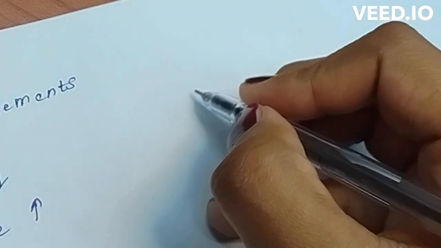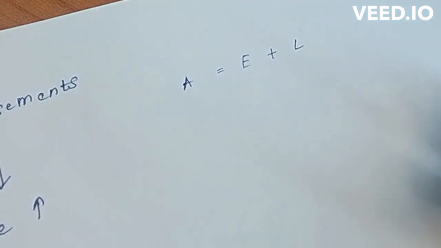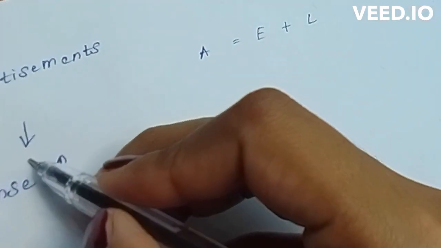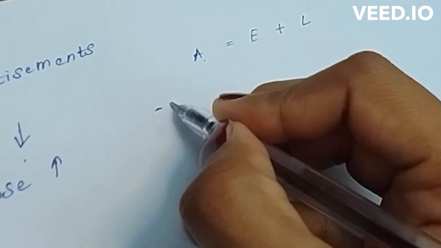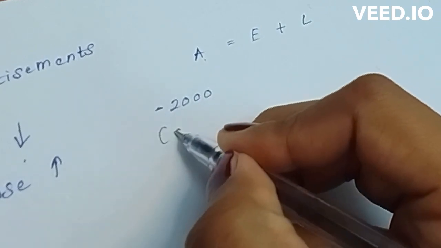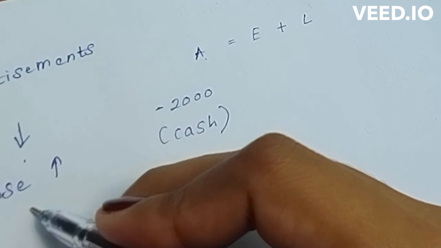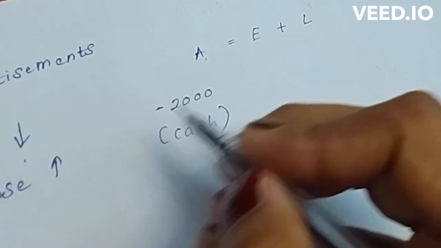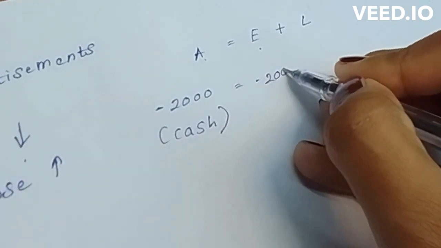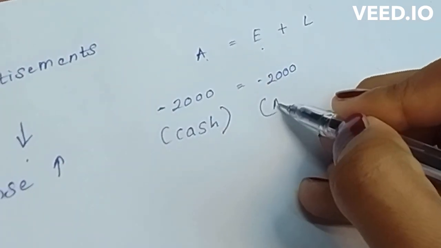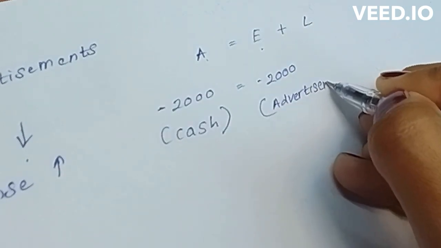So now let's see how we can record this into the assets equals equity plus liability equation. Cash is a form of asset. We are reducing the cash amount here, that is 2000 within brackets, cash. Since we are incurring an expense, from where do we need to deduct it? We need to deduct it from equity. 2000, advertisement.